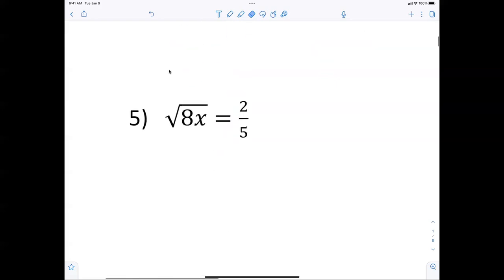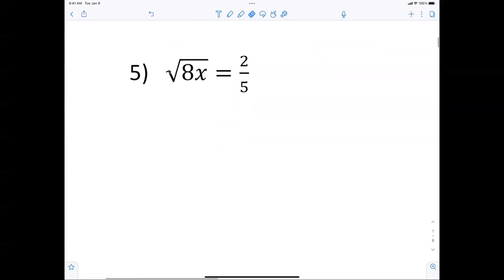Let's check out number 5. A little bit harder because we have a fraction. So 8x equals what? 4/25. Now, how do I get rid of the 8x? Or how do I get rid of the 8? Divide by 8.